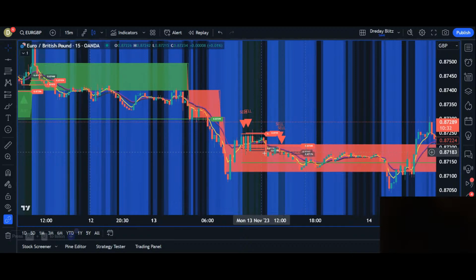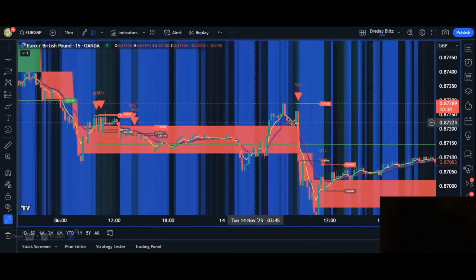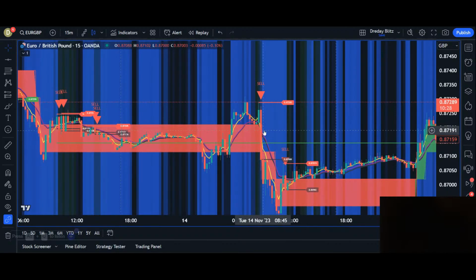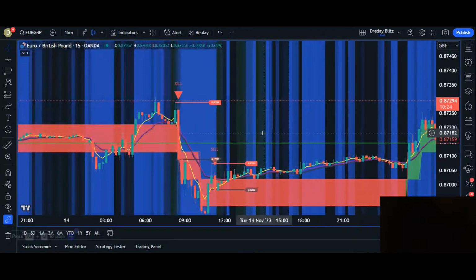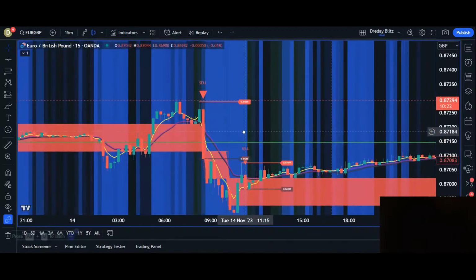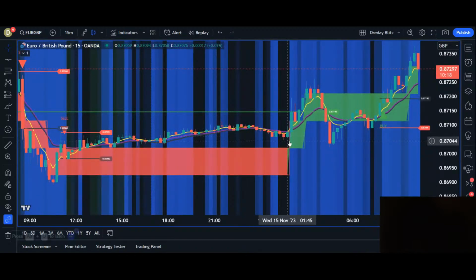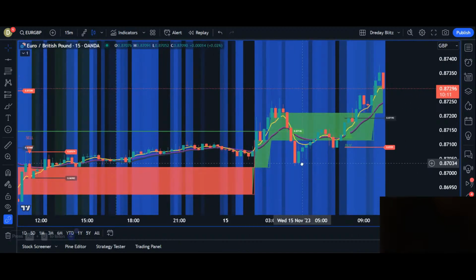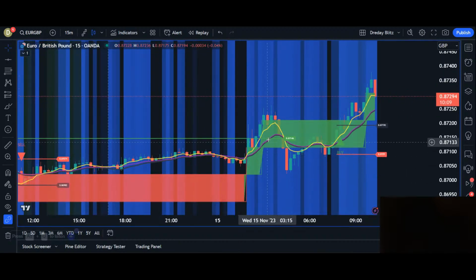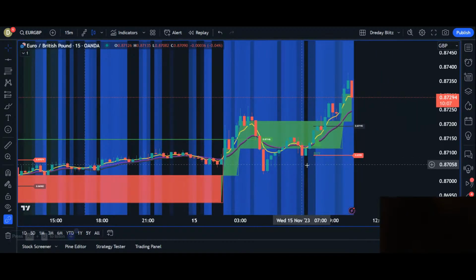So Monday was a sell. So we had sell signals. Then yesterday, Tuesday at 8:15, we had a sell signal. Only one sell signal. So you will be out of the trade since this morning. And since 2:30 this morning, Wednesday, the trend reversed. So looking for buys.